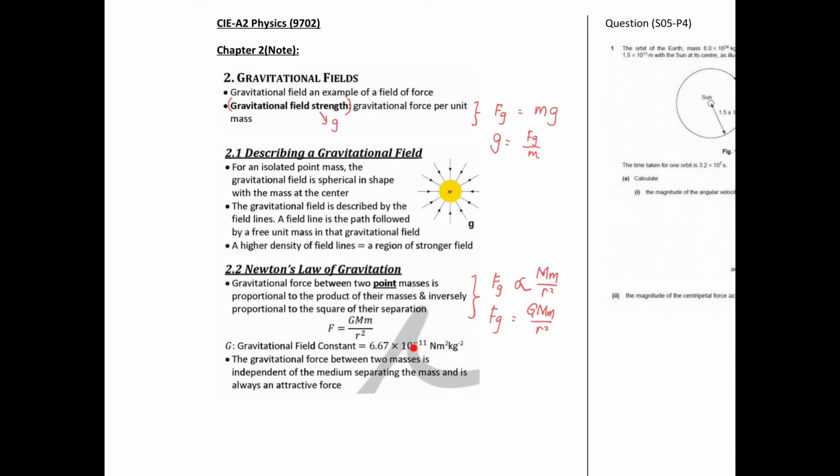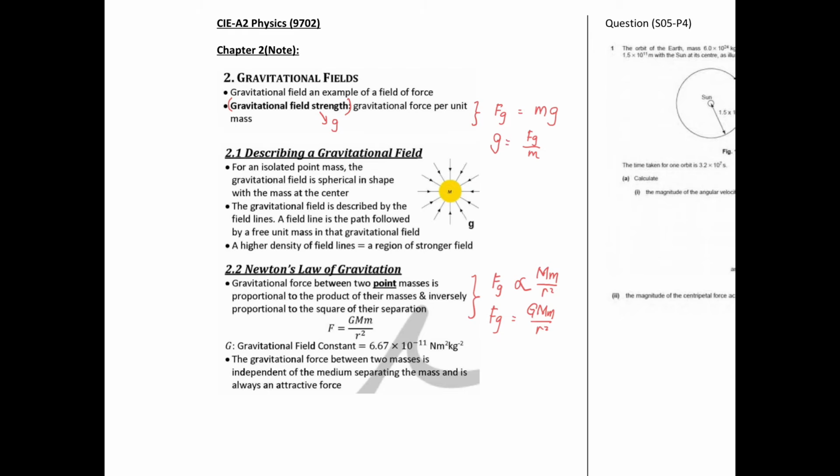This value is given, so you just need to substitute into the formula. M and m are two masses, and r is not the radius. r is the distance between the two objects. So you will get the gravitational force when you use this formula.